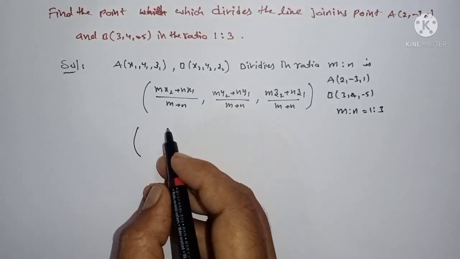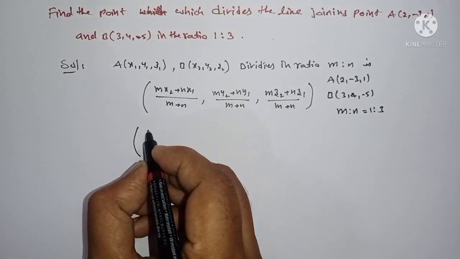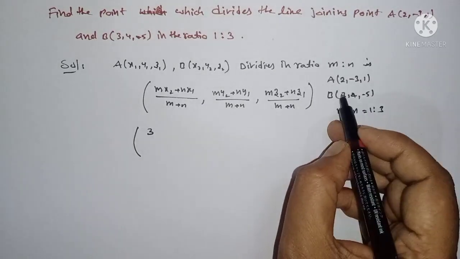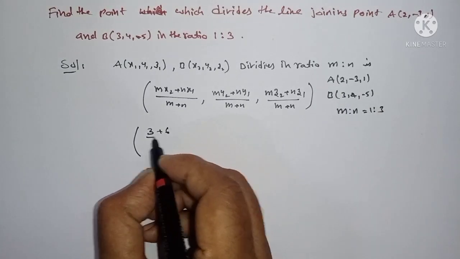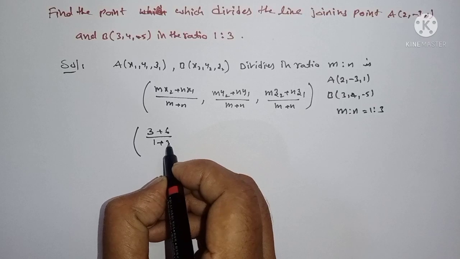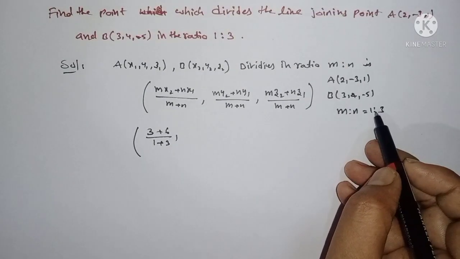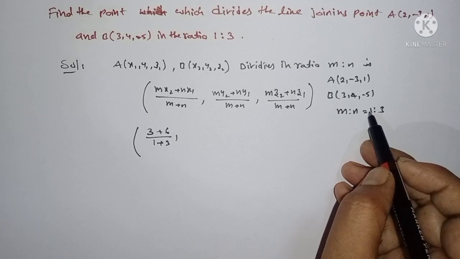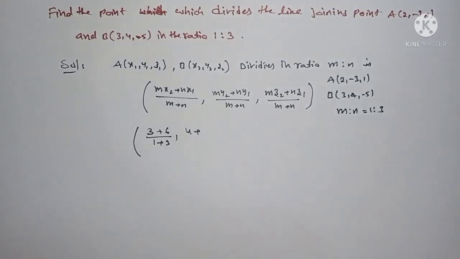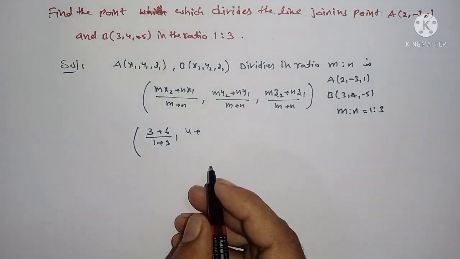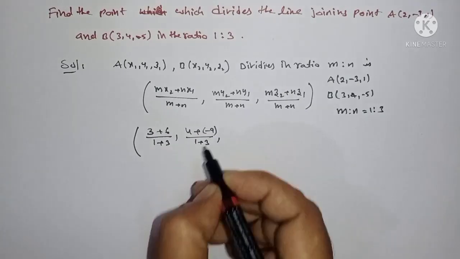Apply the formula here: 1 into 3 plus 3 into 2, that is 3 plus 6, by 1 plus 3. For y, 1 into 4 plus 3 into minus 3, and 3 into minus 3 is minus 9, by 1 plus 3 as it is.